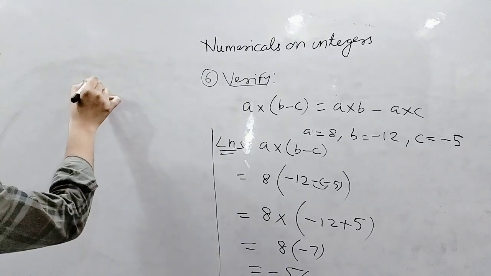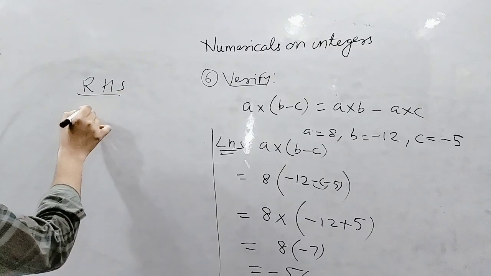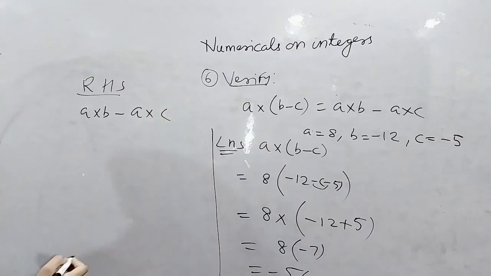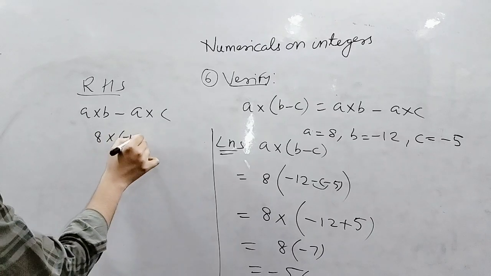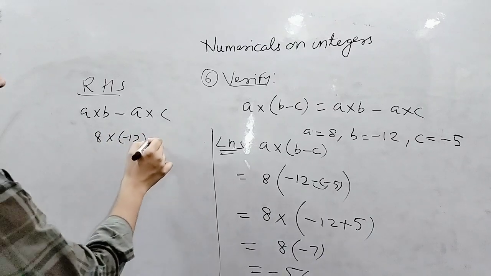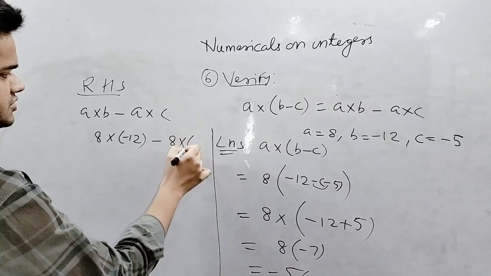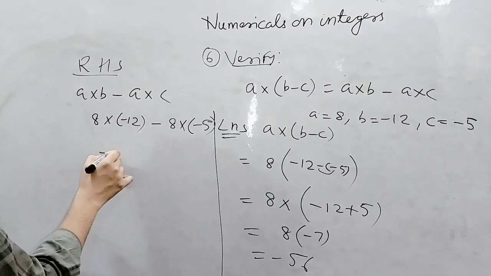So RHS, so my RHS is A into B minus A into C. Now what is my A? A is 8, B is minus 12. Okay, again A is 8 and my C is minus 5.